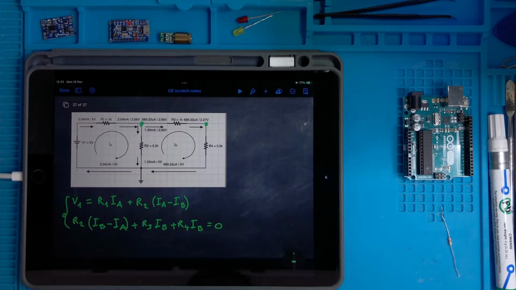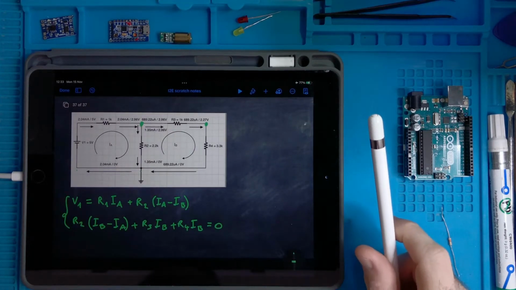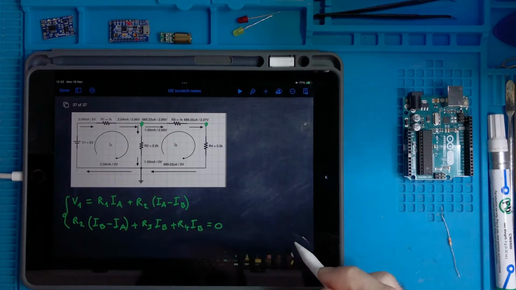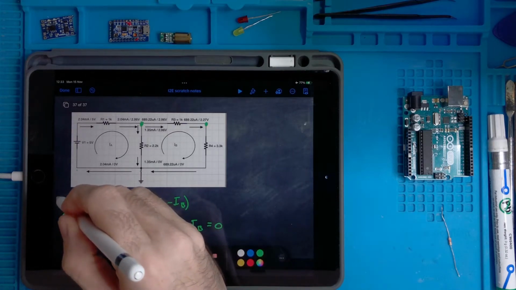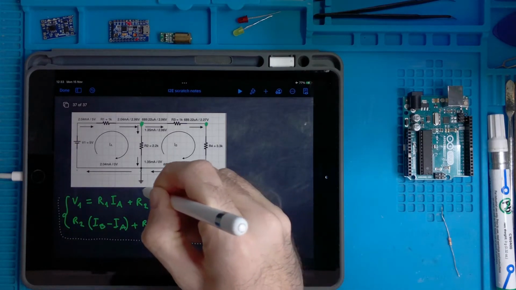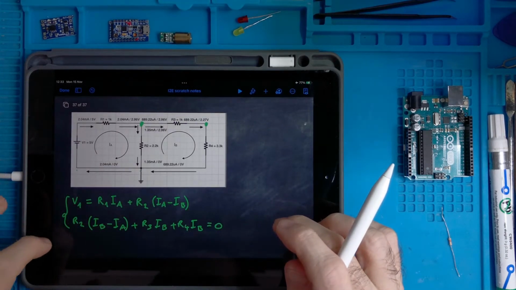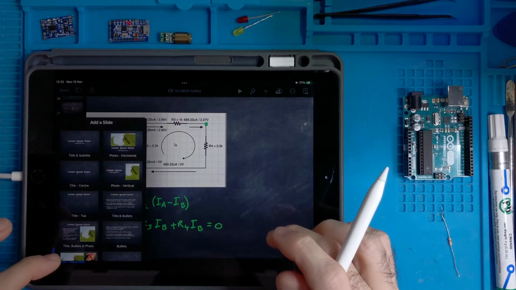So it's easy to solve, but I just want to mention one thing which is useful to notice. I can rearrange those two equations in a different way. Let's do it.